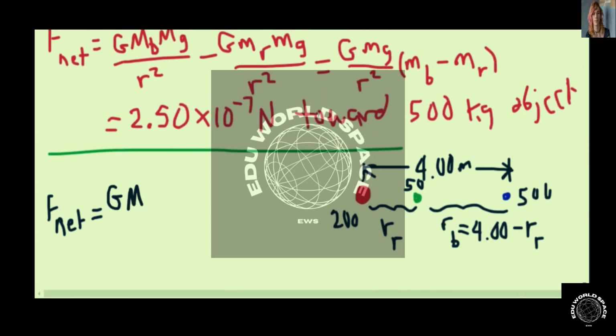G M blue M green over the blue radius, which is going to be 4 minus that, squared, minus G M red M green over R red squared.